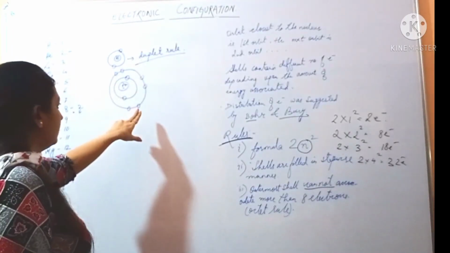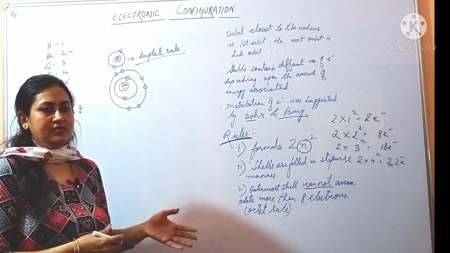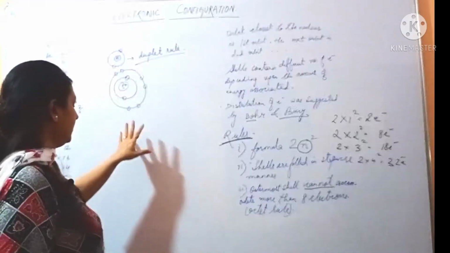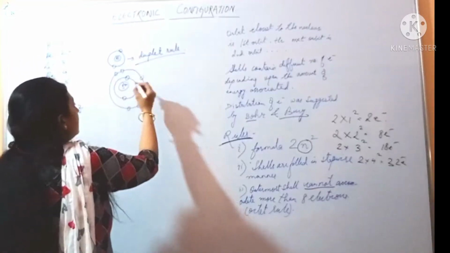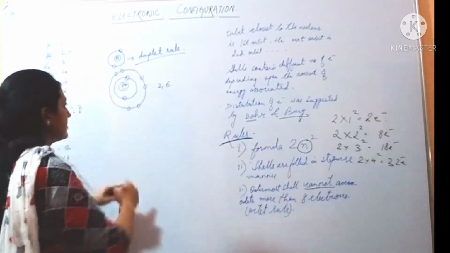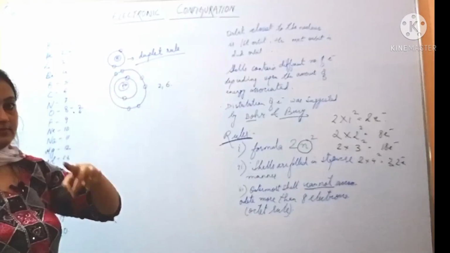Now this oxygen will take part in chemical reactions to attain stability. That is a different topic, but the electronic configuration of the oxygen atom is 2, 6, since it has 2 electrons in the first orbit and 6 electrons in the second orbit.